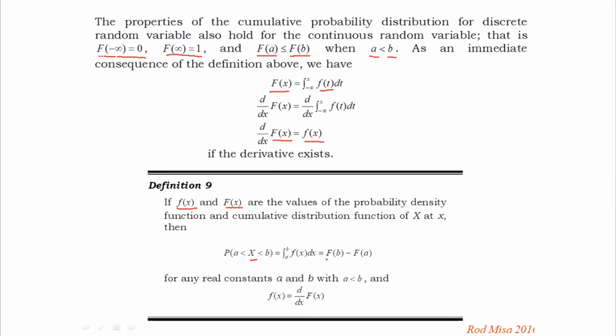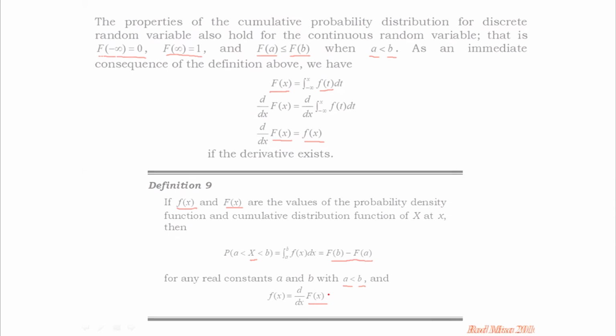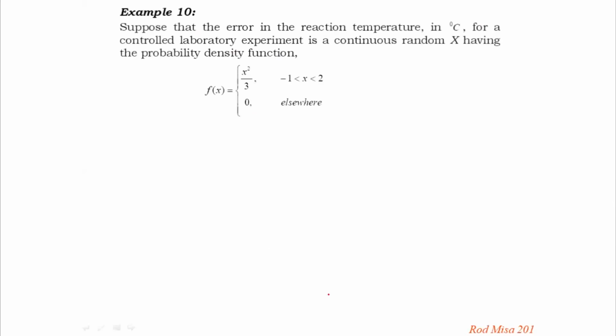And this is true using the fundamental theorem of calculus, which we've learned from our calculus subject. So for any real constants a and b with a less than b, and the small f of x is obtained from the derivative of the big F of x. In other words, the probability of a random variable of an interval can be obtained from its cumulative distribution function big F of x. And this can be illustrated in this example here.